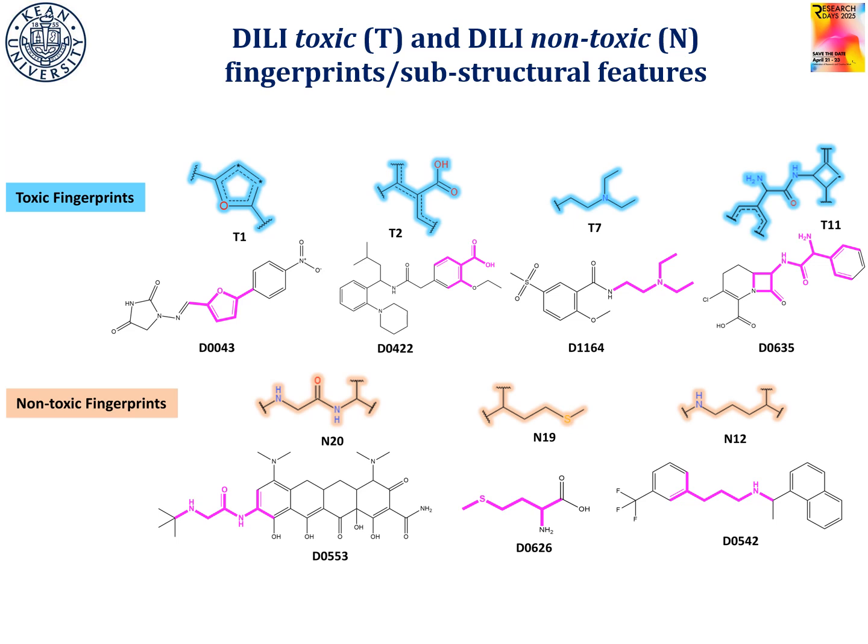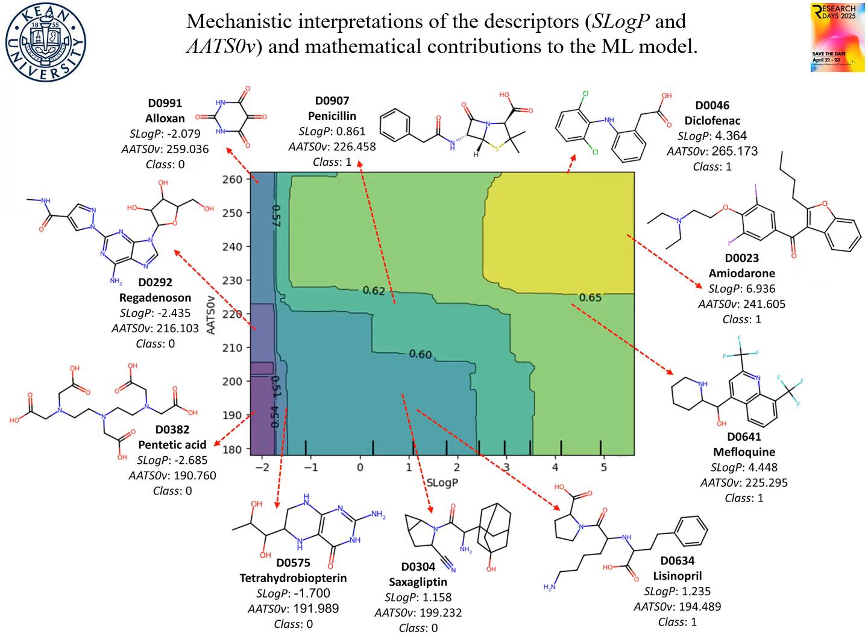This figure illustrates how SlogP and Gas2D influence the binary classification outcomes, such as predicting a molecule's toxicity, for example DILI risk versus non-toxicity, highlighting their roles in the structure-property relationship.